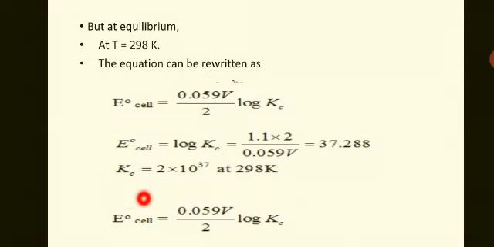So E0 of the cell can be written as 0.059 volt upon 2 log Kc.